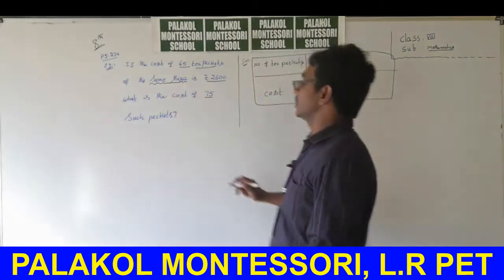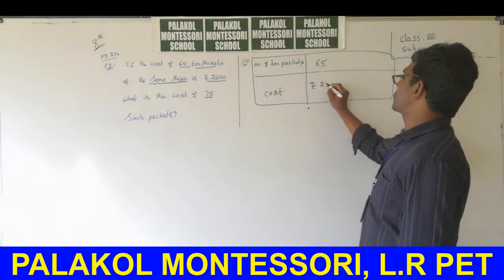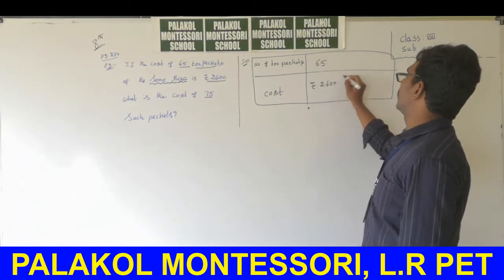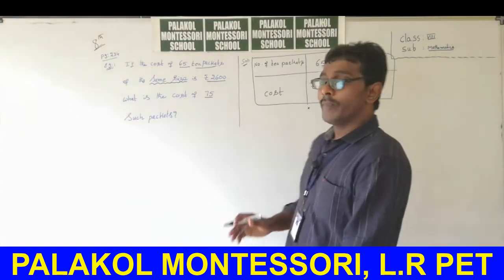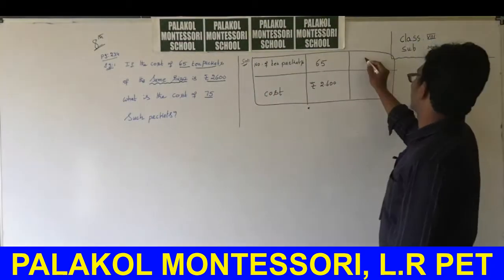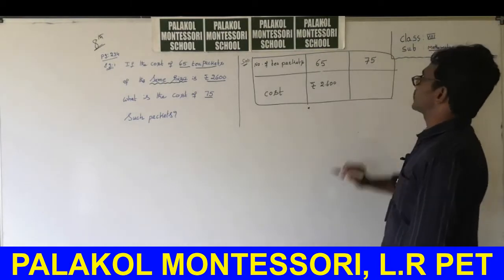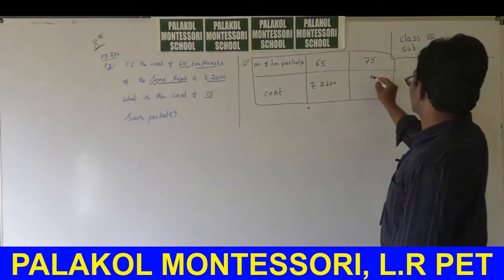What is the cost? The cost is 2600 rupees. Okay, it's clear. Next, how many packets do I want? 75 packets. Is it clear? So this one is the question mark.